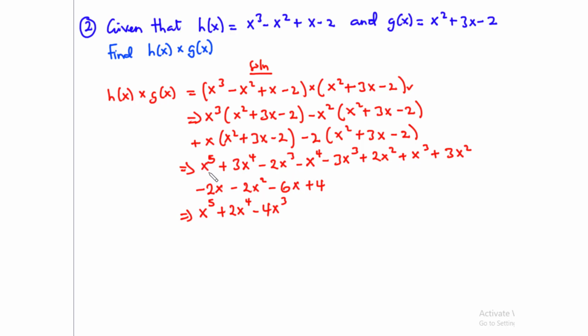Now let's cancel out the ones that we have already catered for. We have 2x squared plus 3x squared minus 2x squared. So negative 2x squared cancels out positive 2x squared, and we are left with 3x squared.